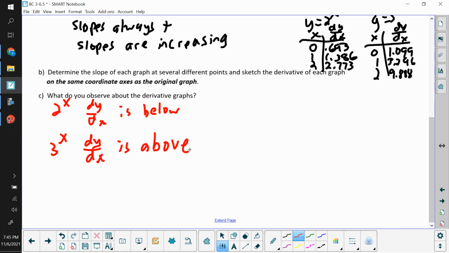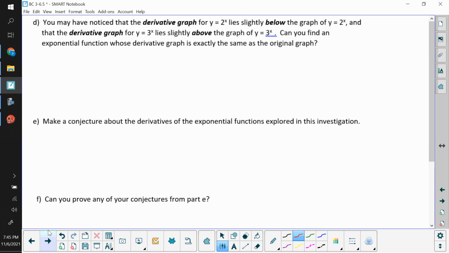If we flip over to the next page, so part D talks about that. You may notice derivative of 2 to the x is below the original graph of 2 to the x. The derivative graph of 3 to the x is above the regular graph of 3 to the x. So we want to think about, is there an exponential function whose graph is exactly the same as the original?